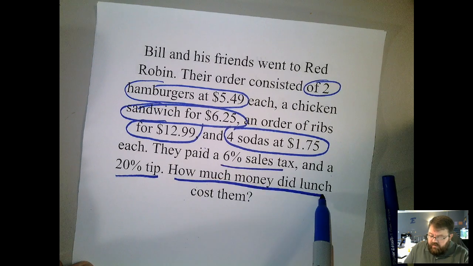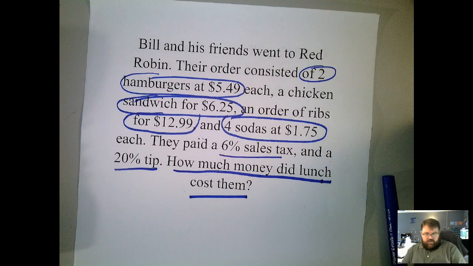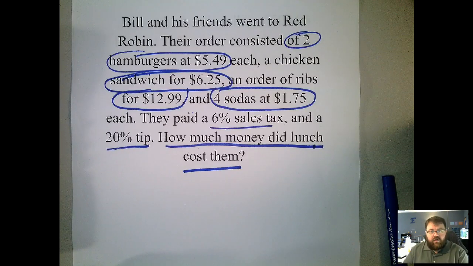How much money did lunch cost them? Alright, so what I need to do first is figure out how much the food was before taxes or before the tip. So pause the video and tell me how much the food was before the tip or the tax.